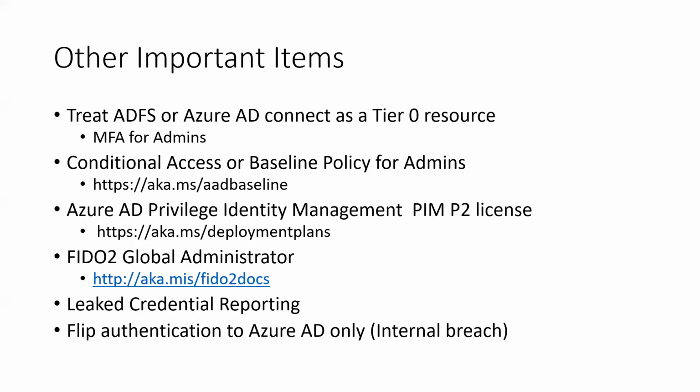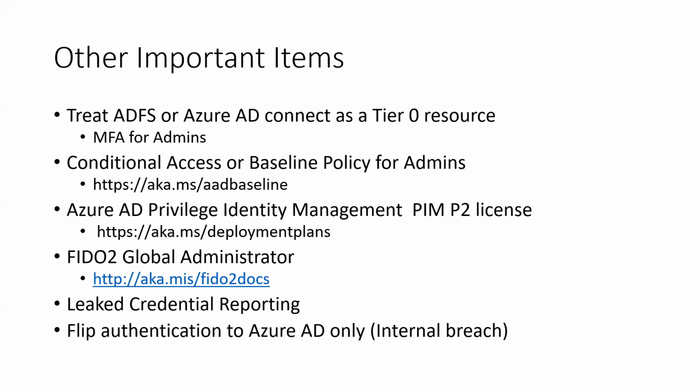Yeah, so conditional access based on policy for admins. Get the Azure AD Privileged Identity Management license. It gives you a bunch of identity management functionality, which is really useful. There's also the FIDO2 Global Administrator capability, which adds some extra permissions and capability to Global Administrator. Microsoft also provides leaked credential reporting.